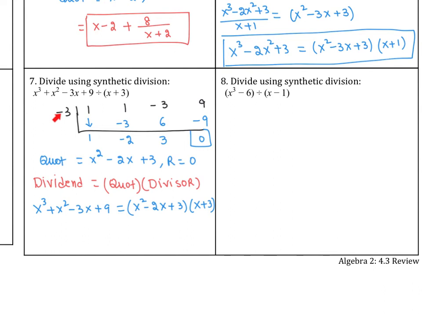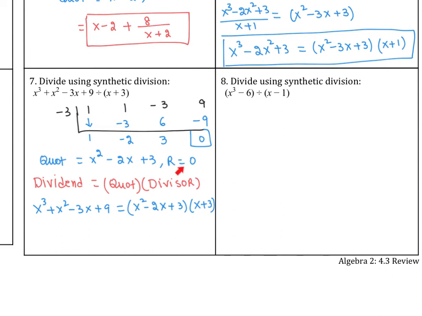Negative 2 times negative 3 is 6. 6 plus negative 3 is 3. 3 times negative 3 is negative 9. This time the remainder is again 0. Quotient, we are going to rewrite this starting from x squared. So x squared minus 2x plus 3, remainder is 0.